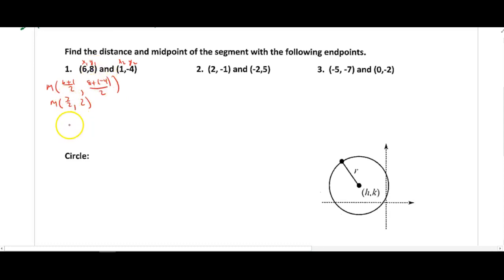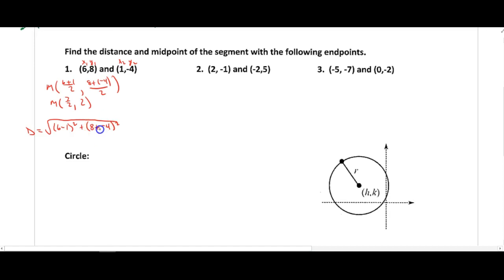Now to find the distance between the 2 points, right, the distance is going to be the square root of, now it doesn't matter again what x you start with, as long as you keep it in the same order. So we're going to do (6 minus 1) all squared plus, subtract the y's now, (8 minus negative 4) all squared.